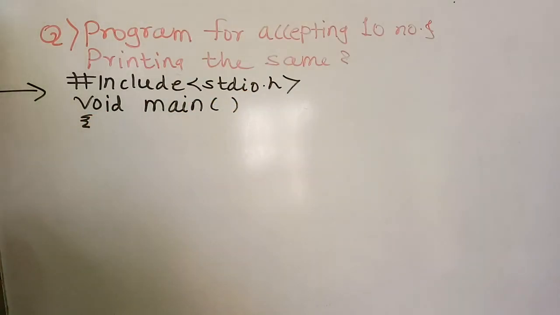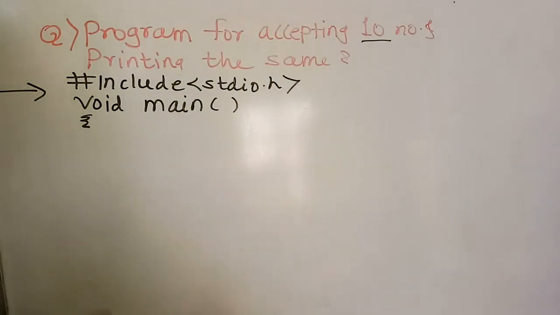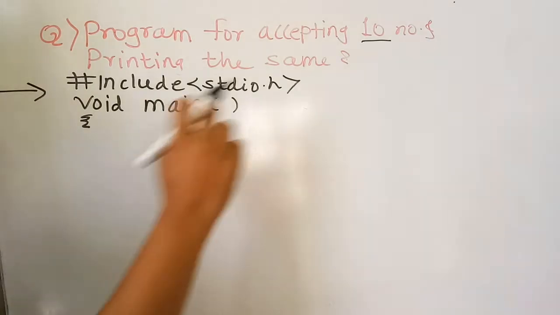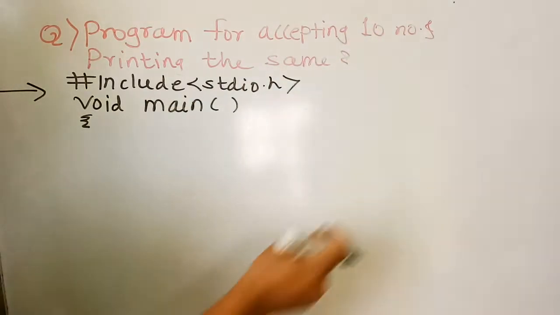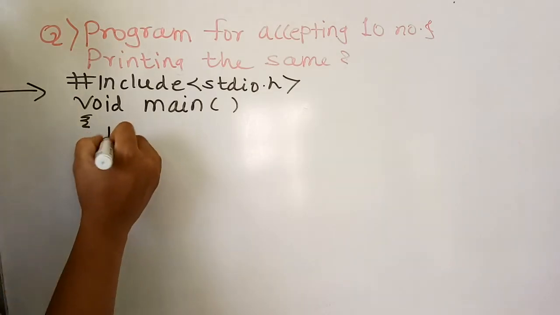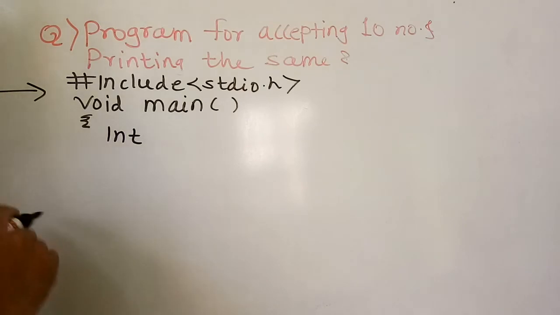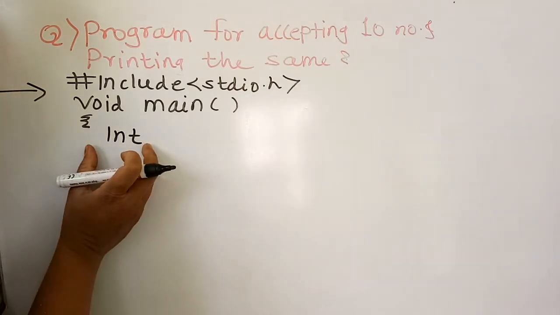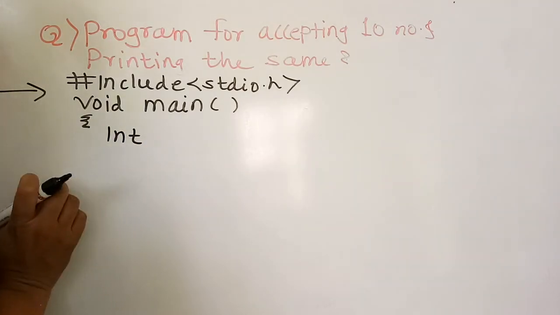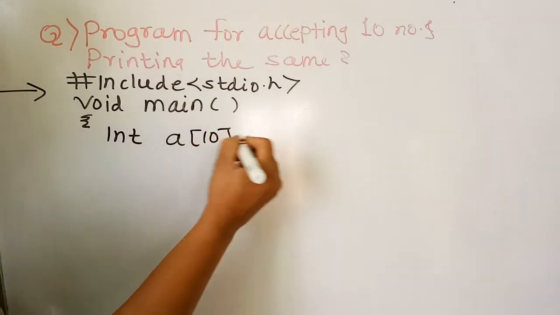Now, for accepting 10 numbers, we will not create 10 separate variables, but we will write one simple variable using the array mechanism. The numbers should be integers; if you want to accept floats, you can write float. So, int a[10].